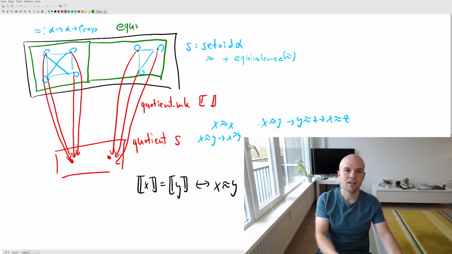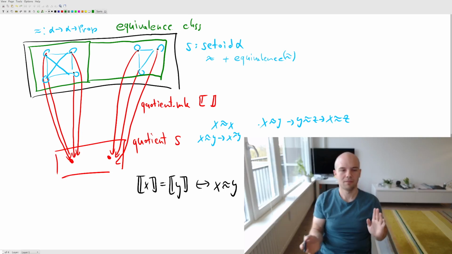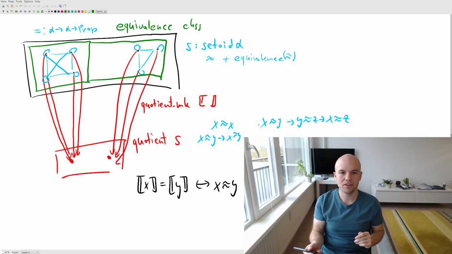An equivalence class is just a set of all points that are equal to each other via the equivalence relation. So we have one equivalence class here and one equivalence class here. Okay, so this is like how quotients look like in the picture.